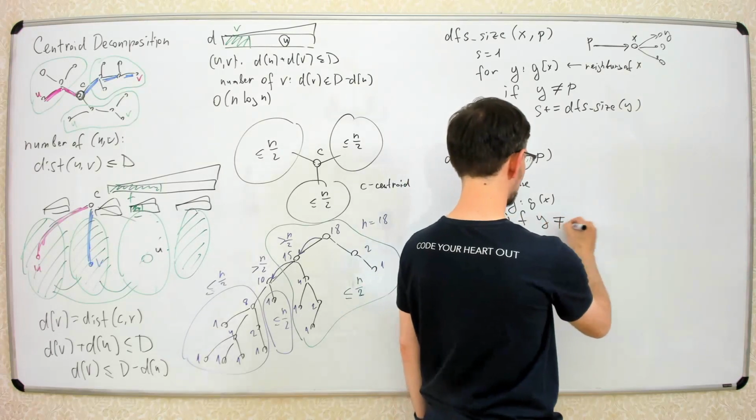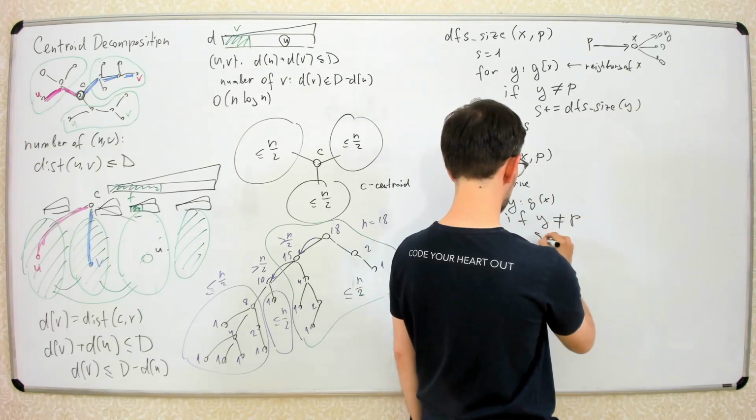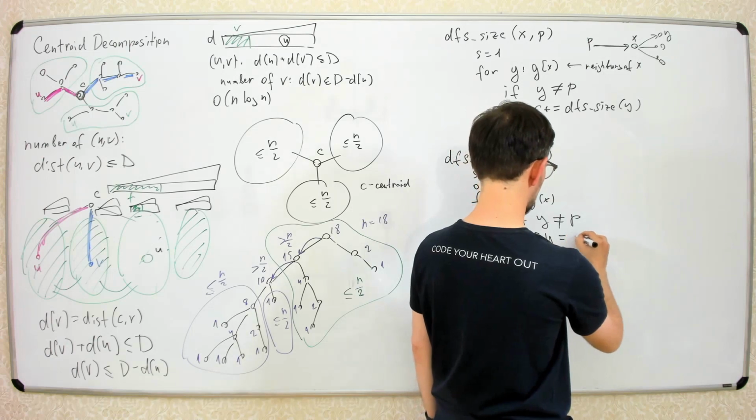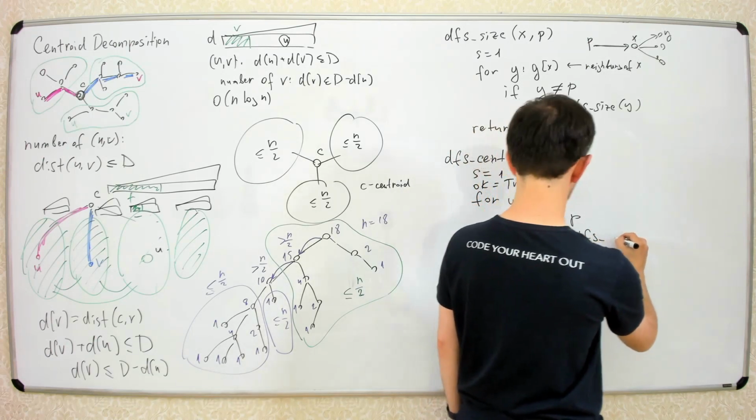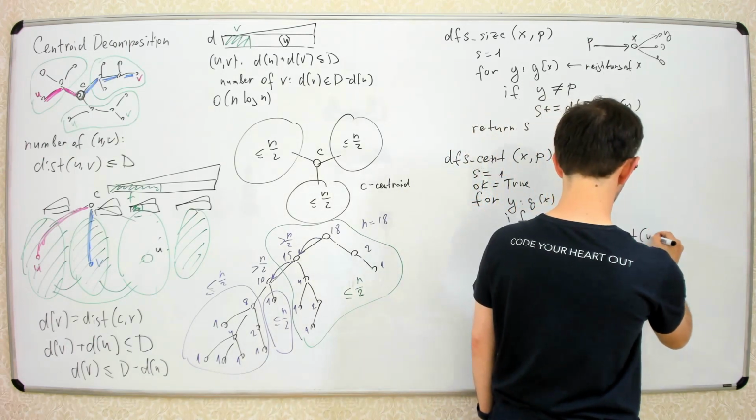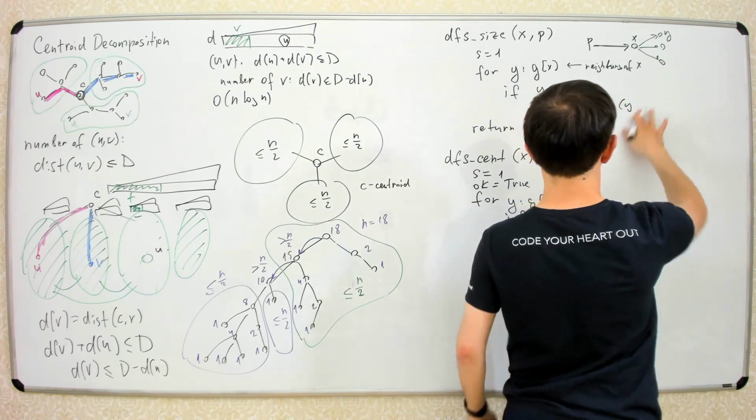If Y is not P, then you say sy equals DFS centroid of Y, X.